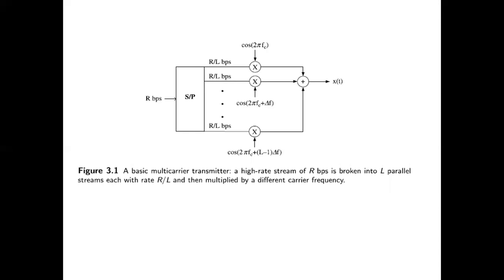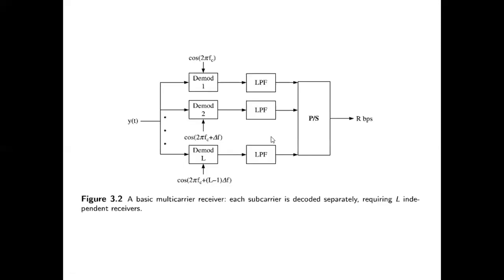Then the entire speed is reduced by a factor of 10, but you need 10 parallel channels. Each of those slower data streams needs individual local oscillators for modulating them. That's a symbolic one.